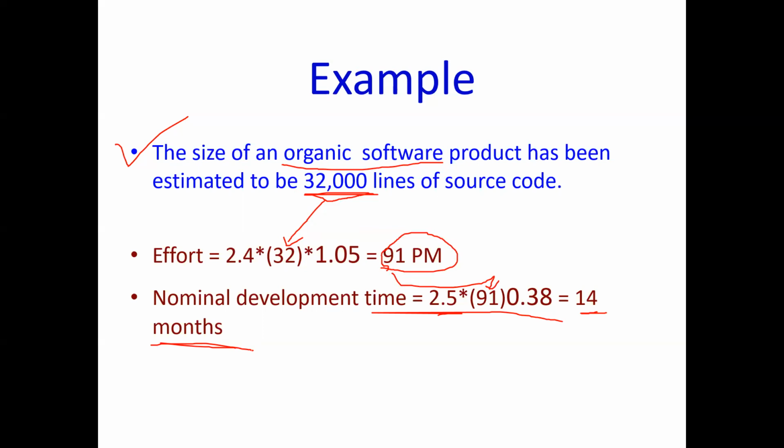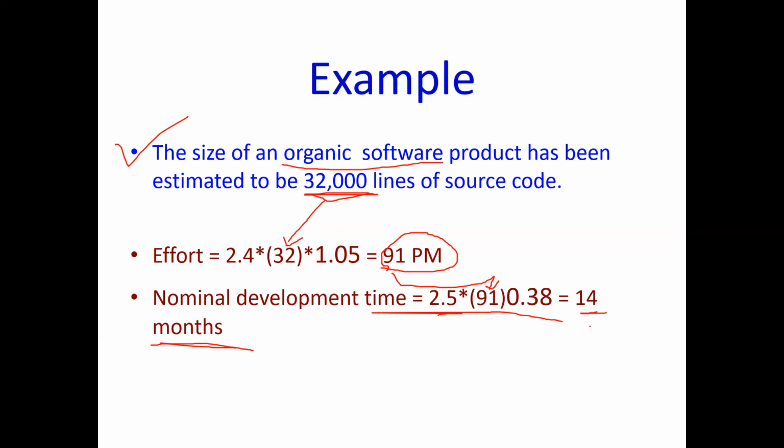So 10 employees, if you are giving average salary of 20,000 for each employee, then 10 into 20,000 into 14, that is your cost. Understood or not? Yes, sir.